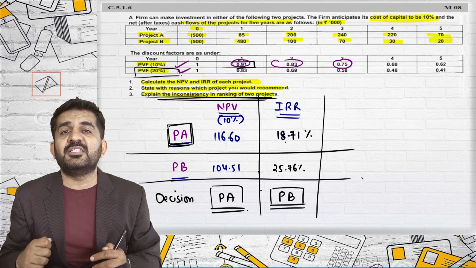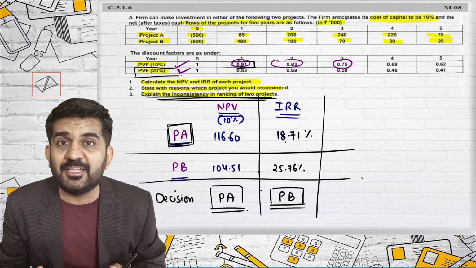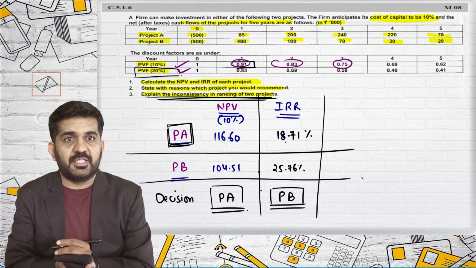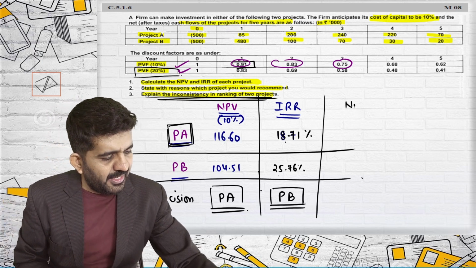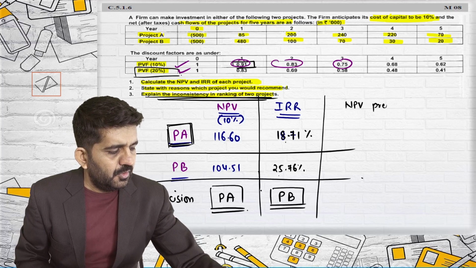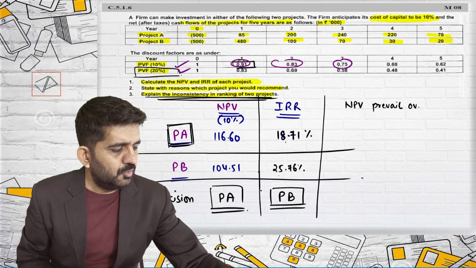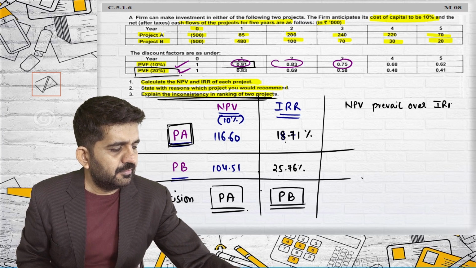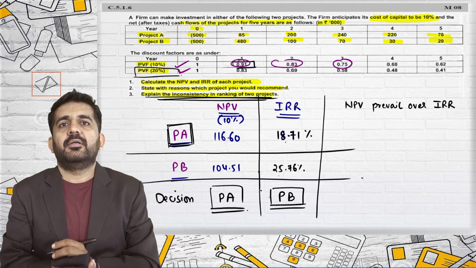If there is inconsistency in ranking as far as the methods of capital budgeting are concerned, then NPV will prevail over IRR.